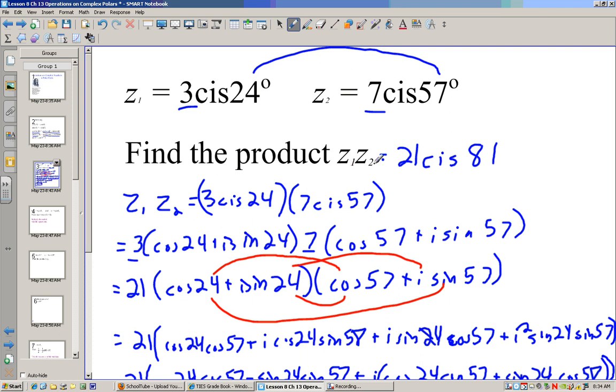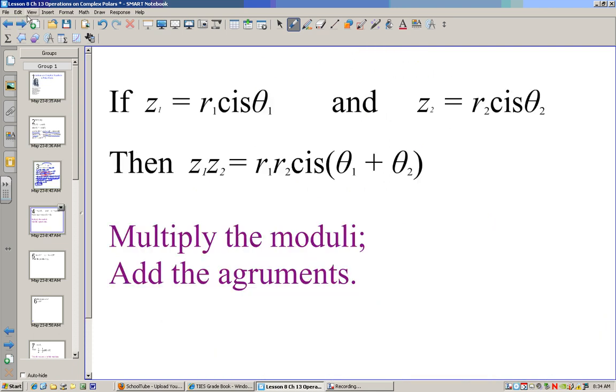So the product of z1 times z2 is just multiplying the moduli and adding the arguments. This is the formula that we use: r1 times r2, CIS, theta 1 plus theta 2.